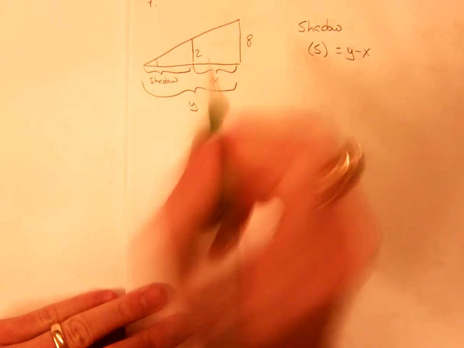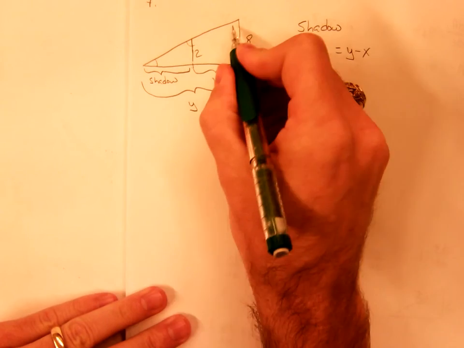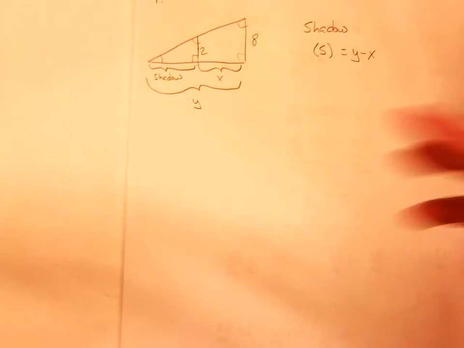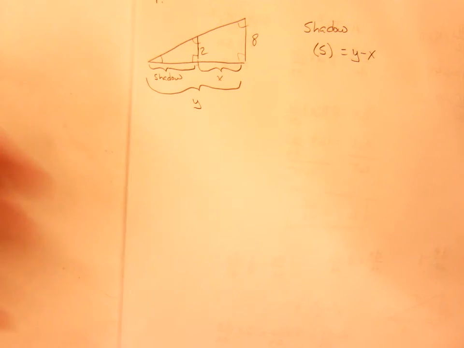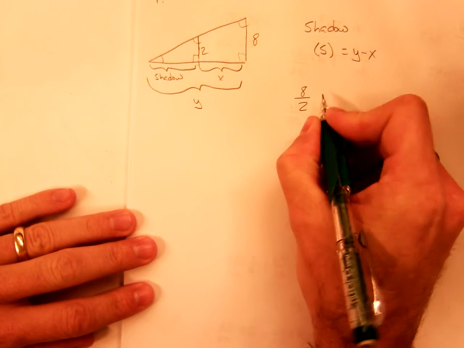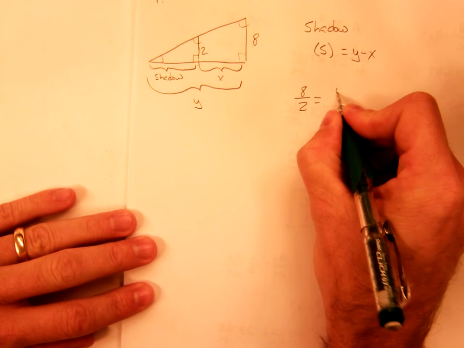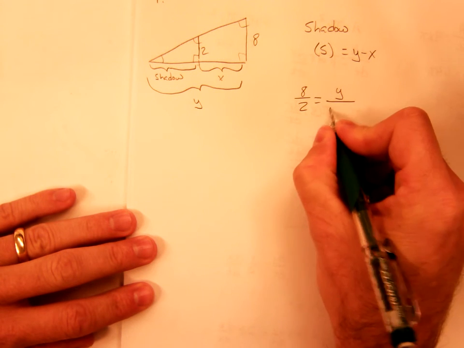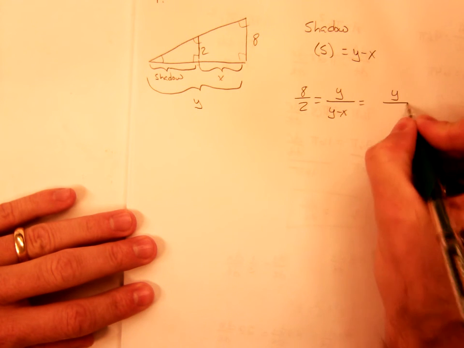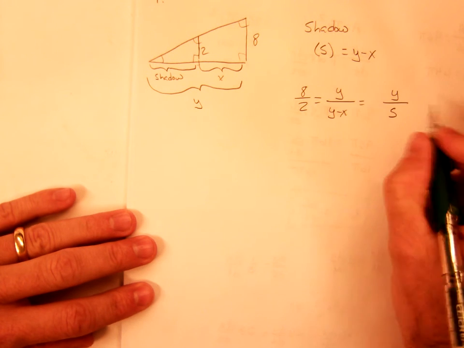That angle's the same, that angle and that angle are the same, and then these are both right triangles. So that means I can create ratios of side lengths. So 8 over 2 is equal to Y over Y minus X, which I want to go ahead and call Y over S, just because it's easier for me to work with that.